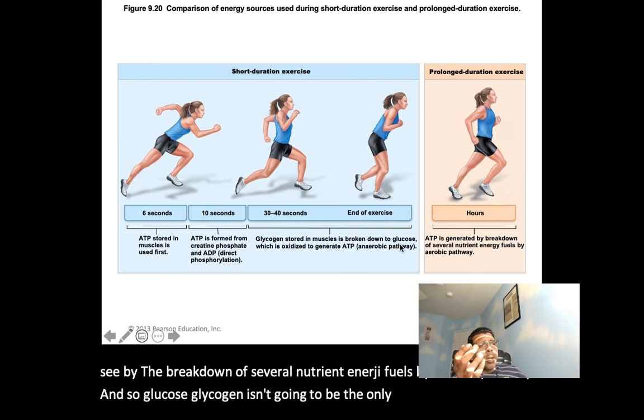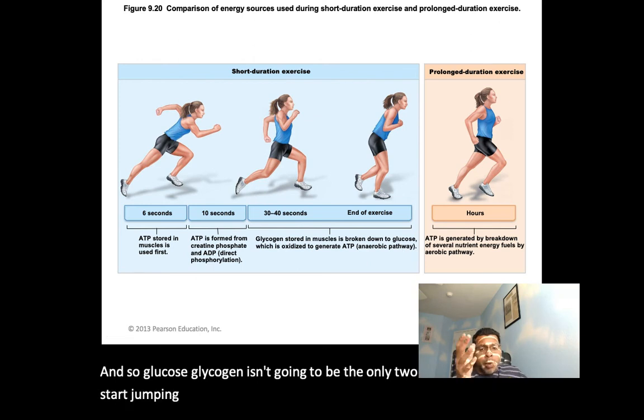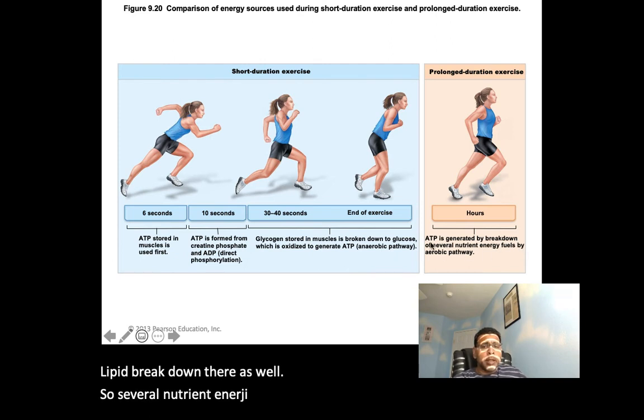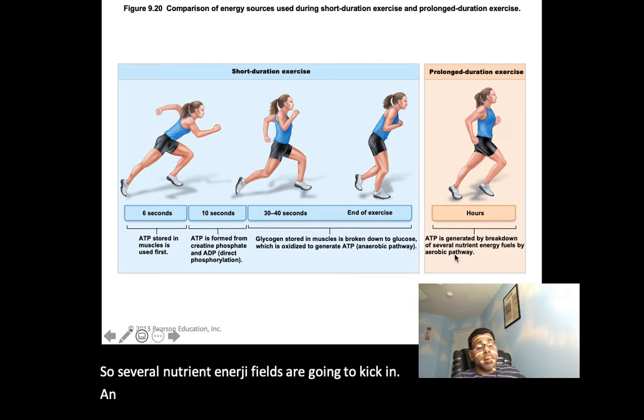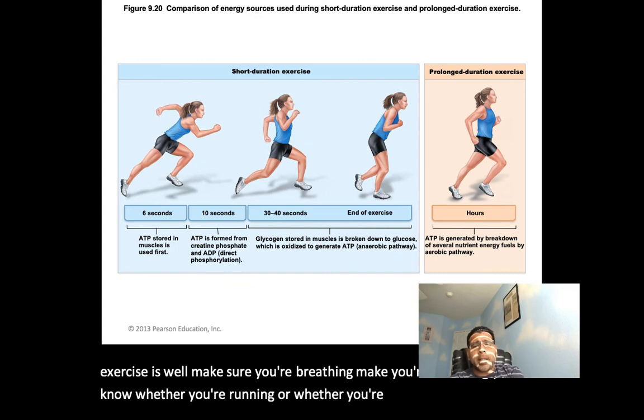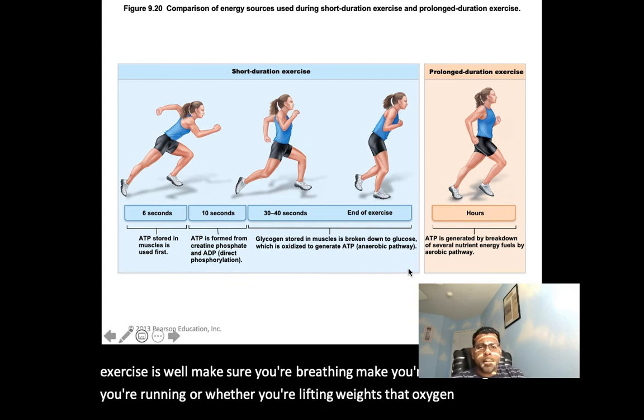That's when we start jumping into protein breakdown and lipid breakdown as well. So several nutrient energy fuels are going to kick in, as long as we're breathing. As long as we're providing that oxygen, that's what they'll tell you when you're doing exercise as well. Make sure you're breathing, whether you're running or lifting weights, that oxygen is going to be very important.